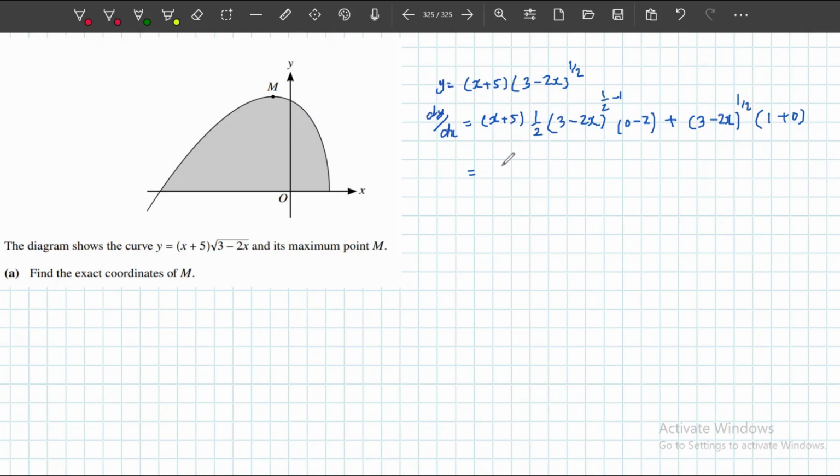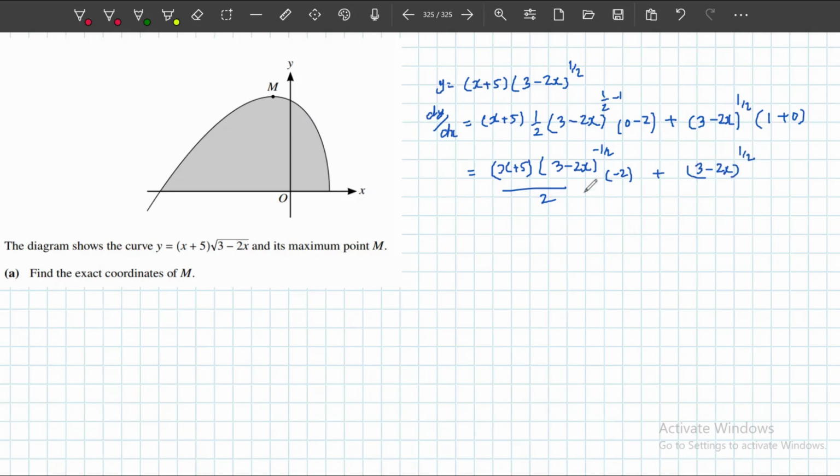So if we simplify, this gives me (x plus 5) times (3 minus 2x) power 1 by 2 minus 1, which gives minus 1 by 2. And here we have minus 2 as well, so that minus 2 we can write here. And after that we have (3 minus 2x) power 1 by 2.